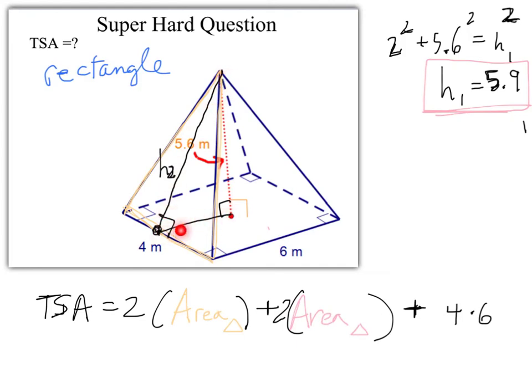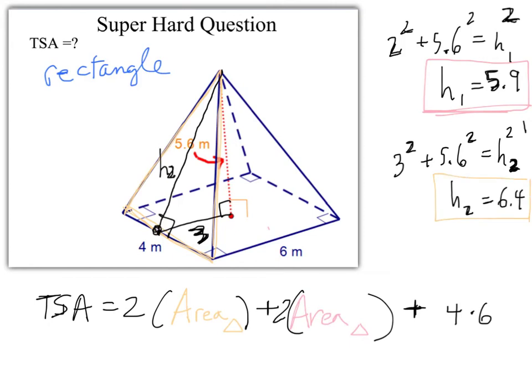Well, how long is this? If the side here is 6, then taking half of it, hopefully you were thinking, 3. That means I can set up Pythag one more time. I got this, which if you solve it out yields 6.4 for the height of the peach triangle.